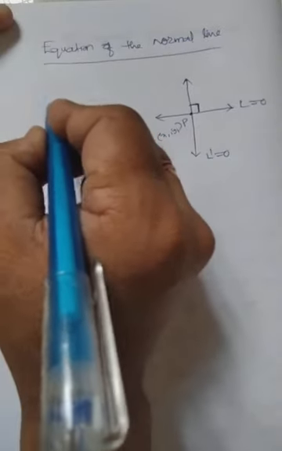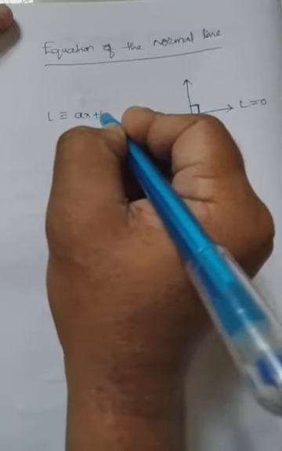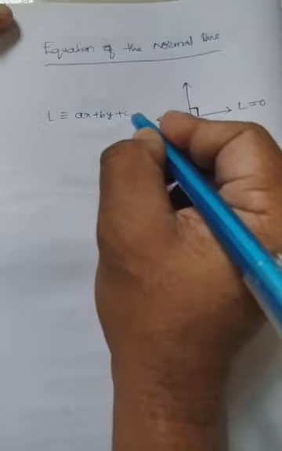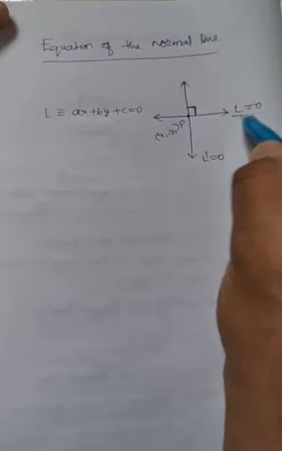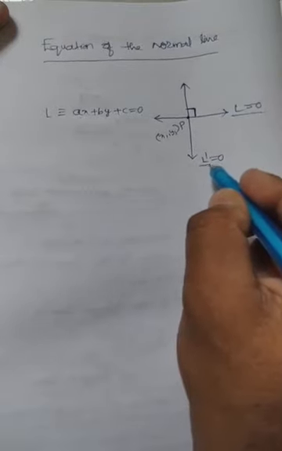Now suppose L is equal 0 is a straight line with the equation ax plus by plus c is equals to 0. This is the straight line equation of L is equals to 0. And now we don't know the L dash is equals to 0, which means we are going to find the equation of the line which is perpendicular to this line.